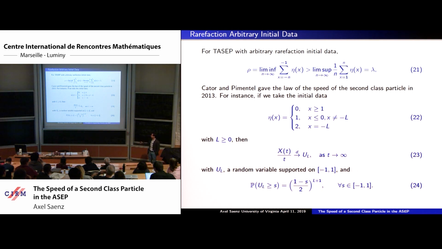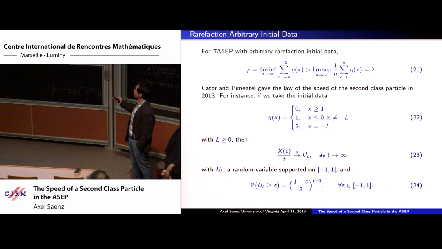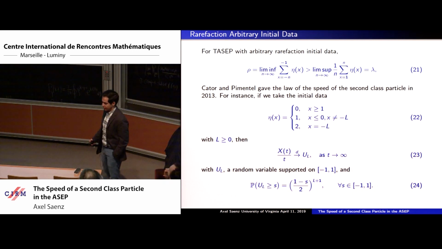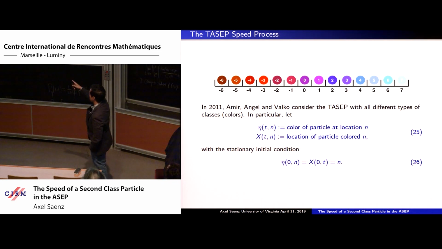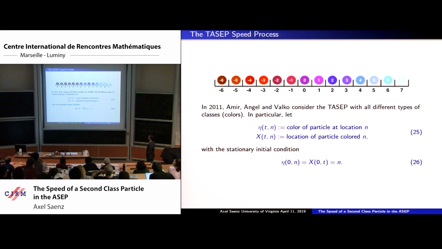And moreover, this idea of tracking the second class particle is also important for the TASEP speed process, which was introduced in 2011 by Amir, Angel, and Valko.